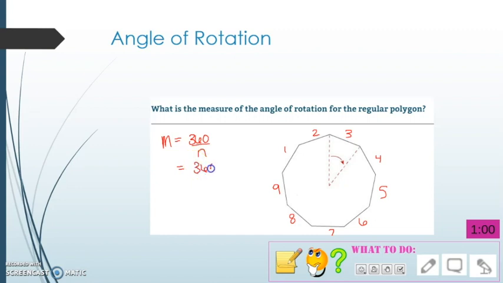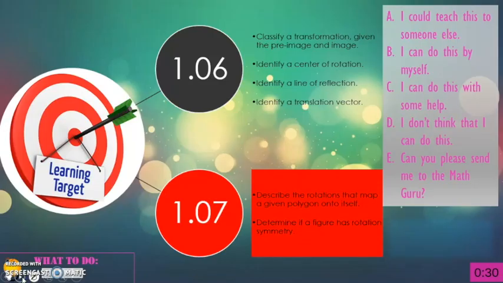Do you remember what that is called? It's called a nonagon. So 360 divided by 9, remember you can just do 36 divided by 9, which gives you 4, and then bring down your 0. So if I rotate this shape 40 degrees, it will land on top of itself. And that is all for that objective today.